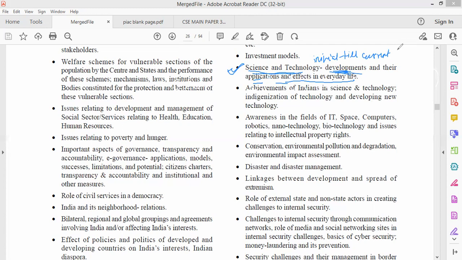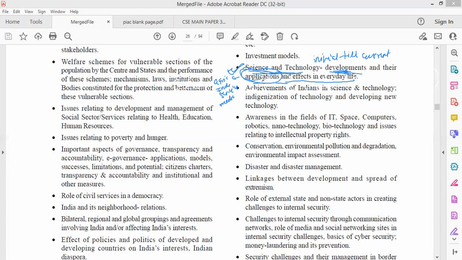So we are talking about development, applications and effects. Development: how it initially started, how it improved, what developments have been there till now. Then its application, meaning in which field: it may be the agriculture field, the industrial sector, the service sector, or the medical sector. How these have been applied at a societal level, how it has been beneficial for social purposes.